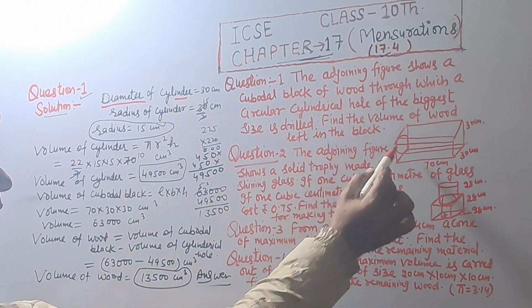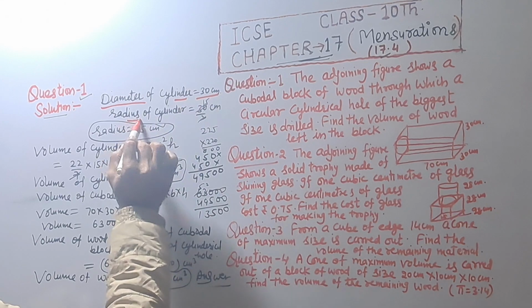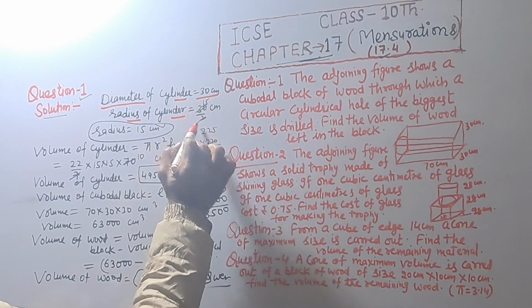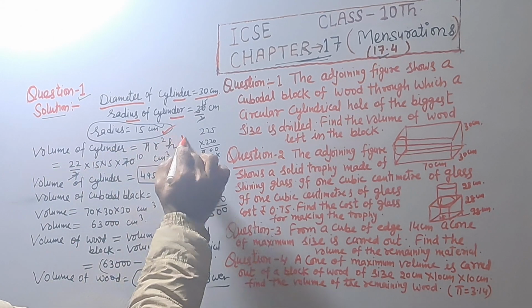Diameter of cylinder is equal to 30 centimeter, and its radius is half of diameter, that is 15 centimeter. Volume of cylinder is equal to pi r square h.